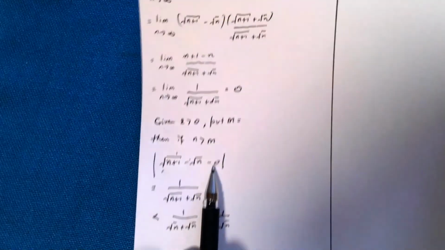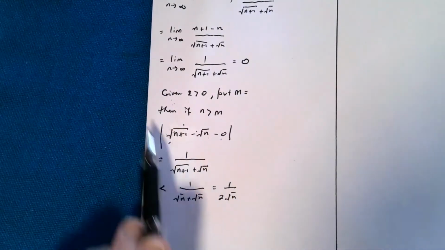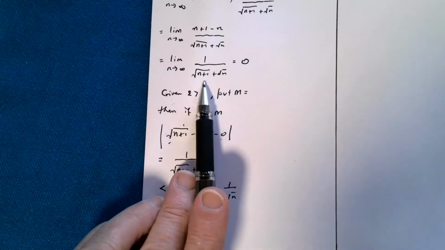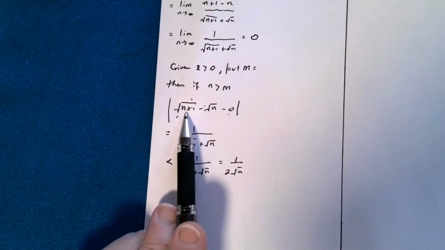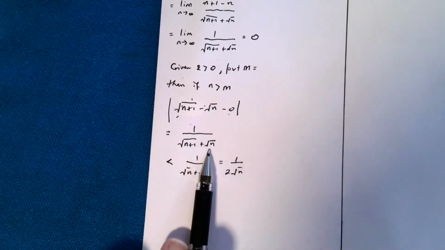Now, we saw above that we could take this expression in here and rewrite it in this form after we'd rationalized the numerator. So I can rewrite this as 1 over root n plus 1 plus root n. It's just the same calculations we did above.